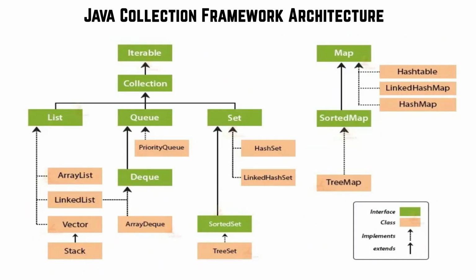In Java, there are a lot of collection interfaces like Iterable, Collection, List, Queue, Set, Deque, SortedSet, Map and SortedMap. And there are classes like ArrayList, LinkedList, Vector, Stack, ArrayDeque, PriorityQueue, HashSet, LinkedHashSet, TreeSet, TreeMap, Hashtable, LinkedHashMap, and HashMap. Class to class is extends, interface to interface is extends, and class to interface is implements.